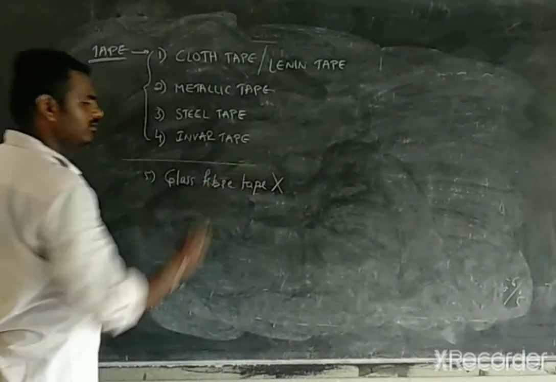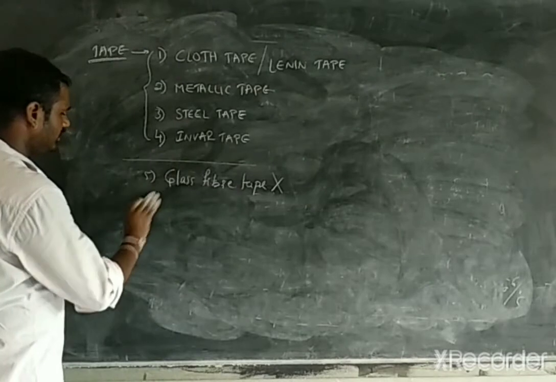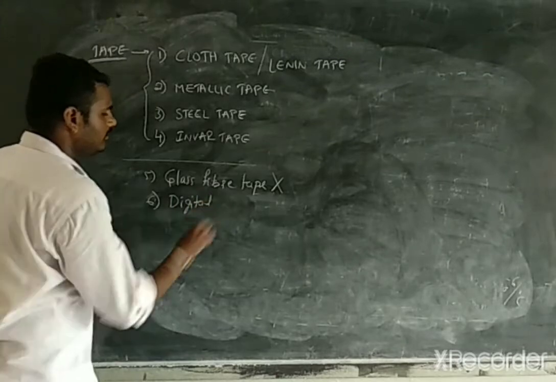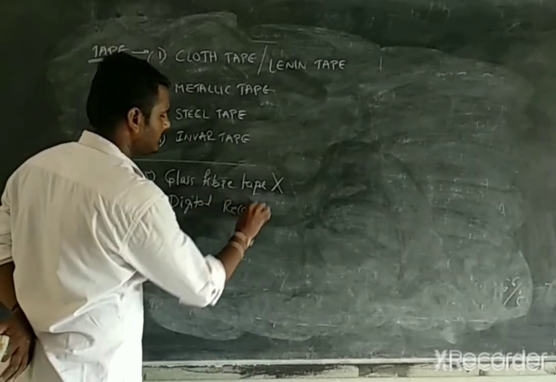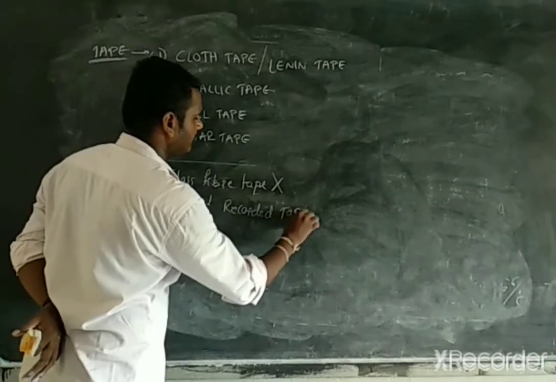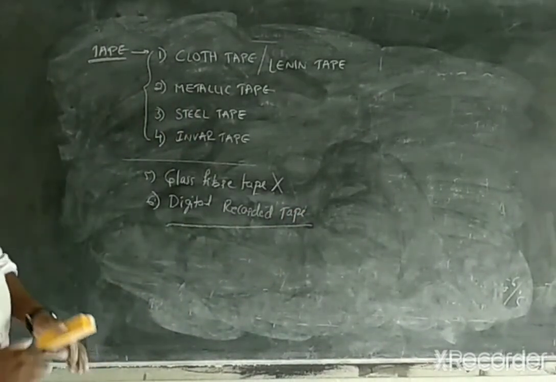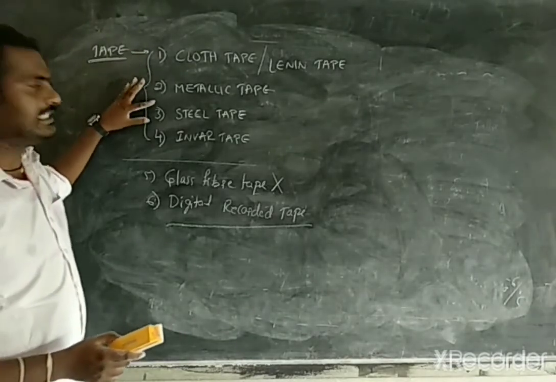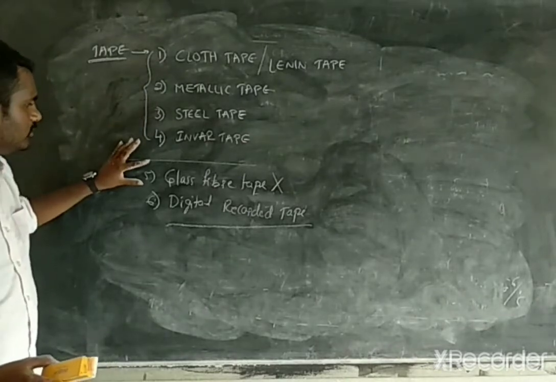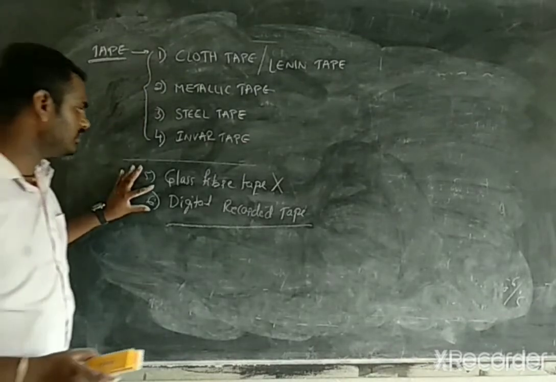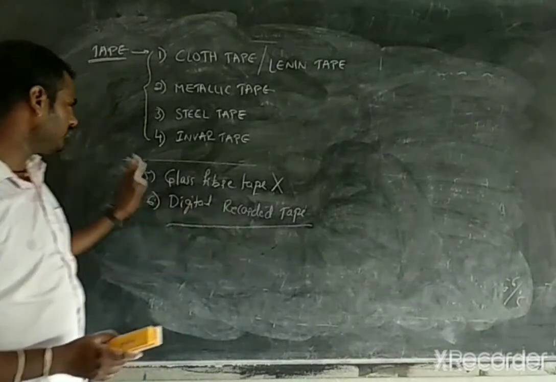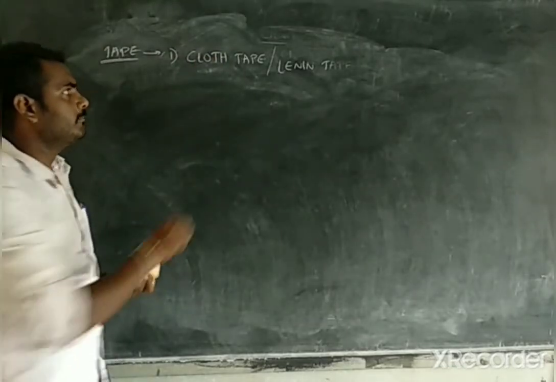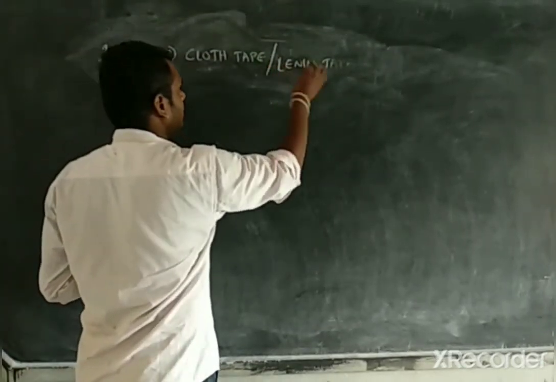And the 6th one is digital recorded tape. So first we go through the cloth tape, then metallic tape, steel tape, invar tape, then the 5th one glass fiber tape, and the last one digital recording tape. They are not much. So now we will see the cloth tape or linen tape.